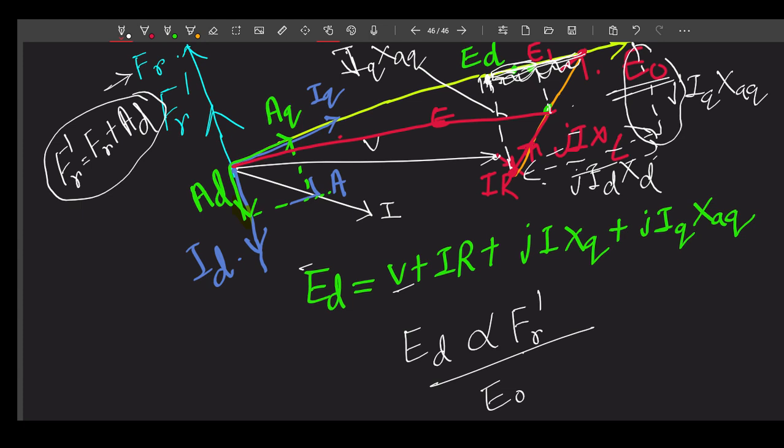But this method is quite cumbersome. So what we use for a cylindrical rotor machine is XS corrected equal to XS minus XL by K plus XL.